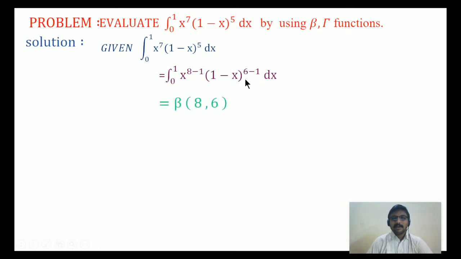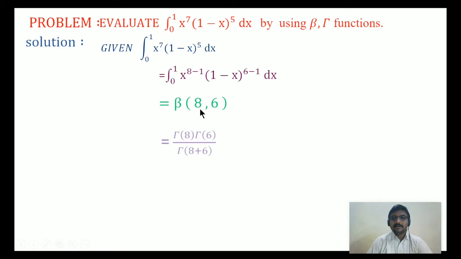So we have the beta function definition, the integral from 0 to 1 of x power m minus 1, (1 minus x) whole power n minus 1 dx. Here m is 8 and n is 6. So it is equal to beta of m, n, that is beta of 8, 6.